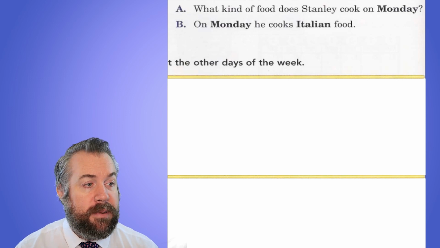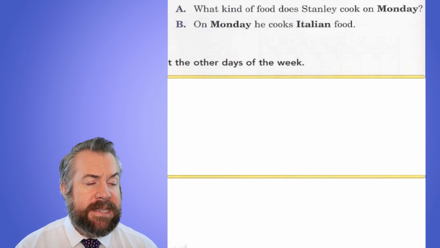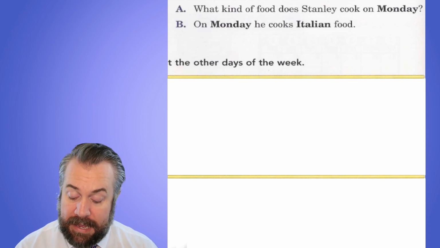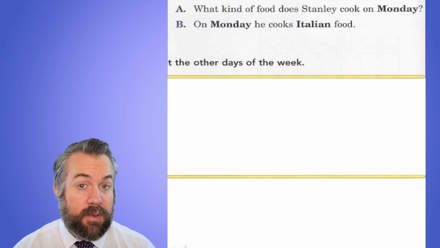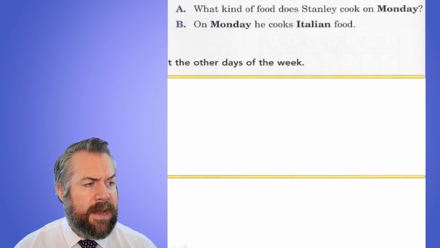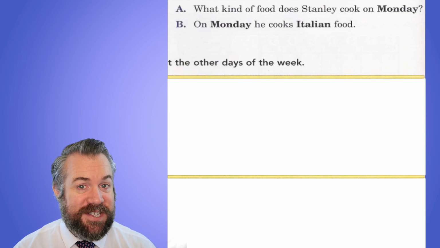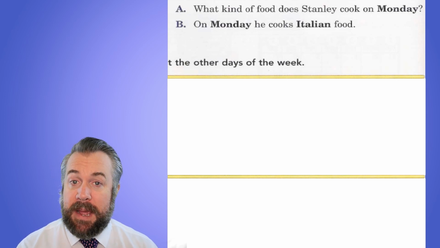How about some more examples? What kind of food does Stanley cook on Wednesday? On Wednesday, he cooks Chinese food. What kind of food does Stanley cook on Sunday? On Sunday, he cooks American food.